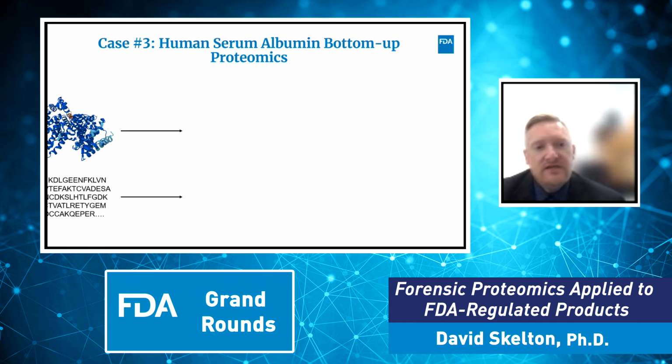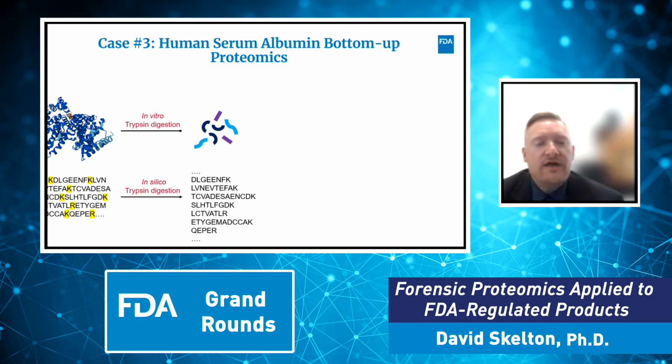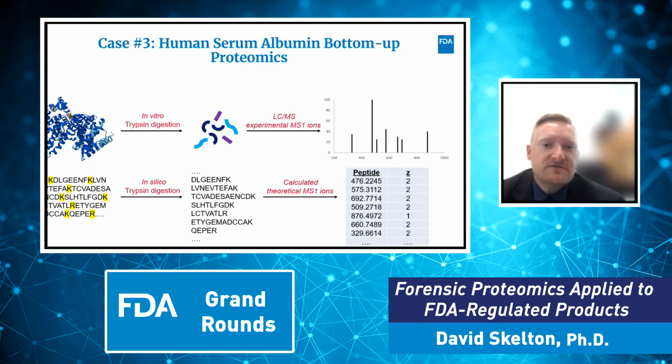So here, our HSA is reacted with trypsin to produce our peptides. The peptides are analyzed via LCMS, and we look at the mass of our experimental peptides shown on the top, and we compare that with the mass of the theoretical peptides shown on the bottom.